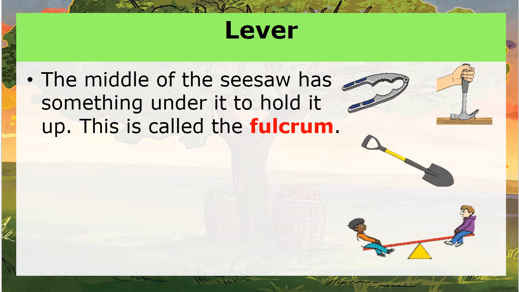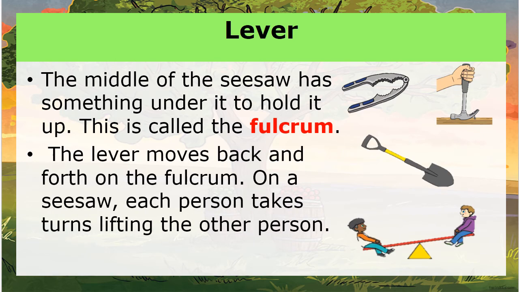The middle of a seesaw has something under it to hold it up. This is called a fulcrum. The lever moves back and forth on the fulcrum. On a seesaw, each person takes turns lifting the other person.